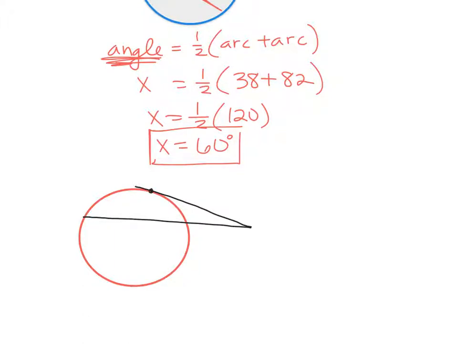It meets at one point. This angle is 22 degrees. This arc is 98 degrees. And this arc is z degrees.